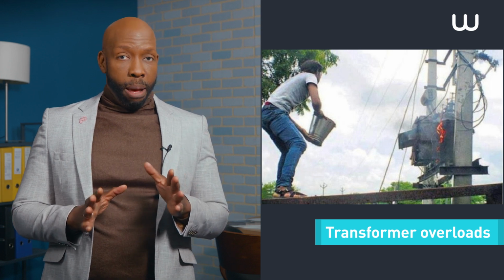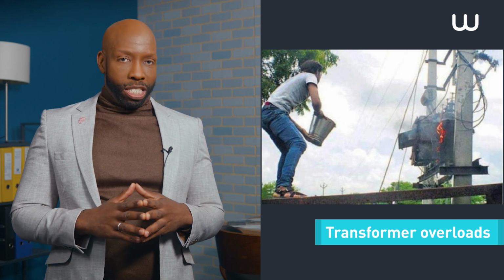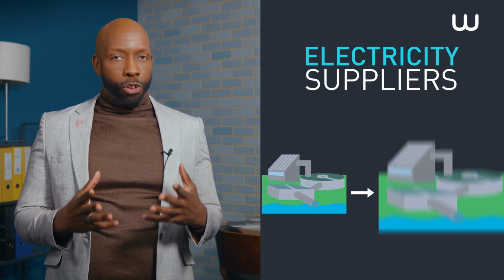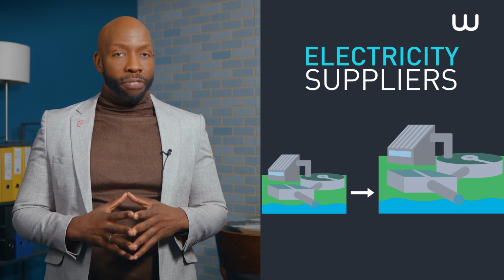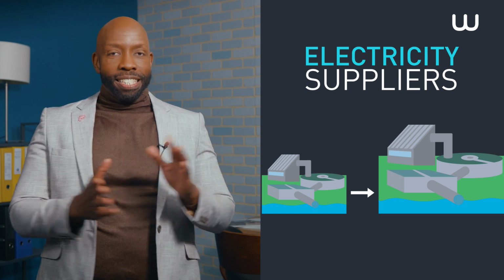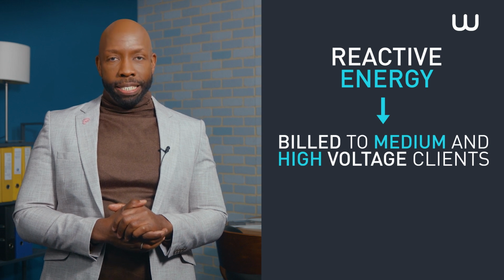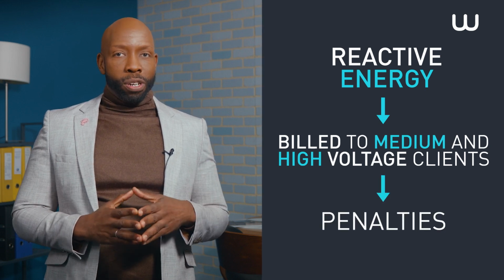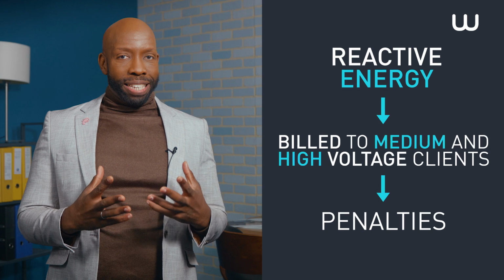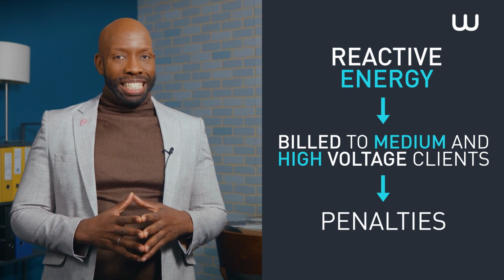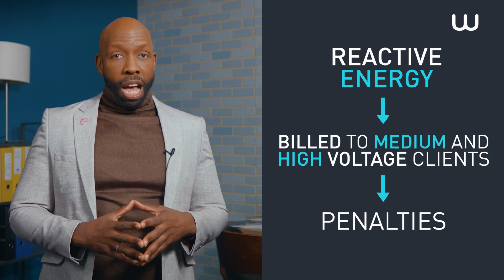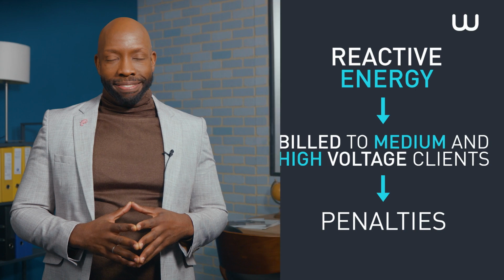To mitigate these problems created by reactive energy, electricity suppliers are often forced to oversize some of their equipment. This is why reactive energy is billed to medium and high voltage clients, often as penalties in order to force clients to optimize energy efficiency at their facilities and reduce the amount of reactive energy consumed.